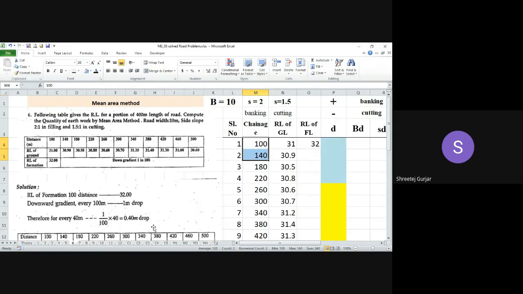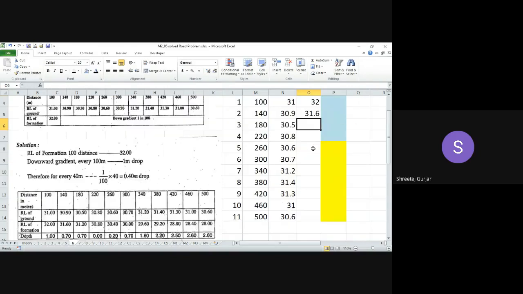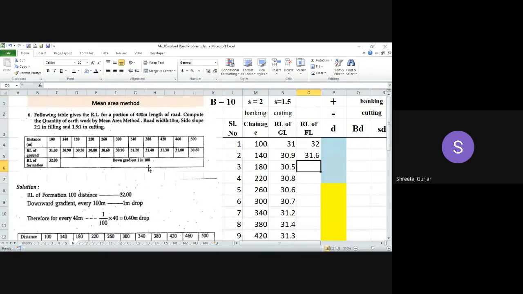So 0.4 is the drop, because it is a downward gradient. So it will be equal to 32 minus 0.4. This will be for all your changes, because it is following a downward gradient of 1 in 100 totally from 140 to 500. It is the same, so I'll just drag it for the entire thing.